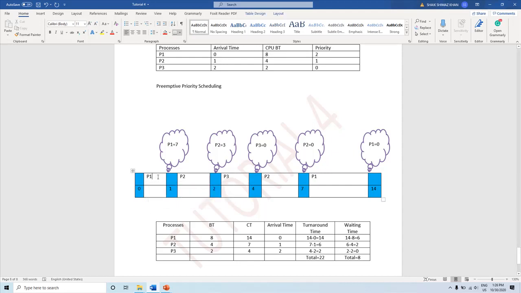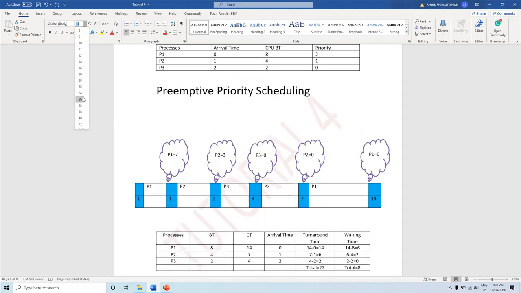So P1 gets the chance, but understand that at time 1, a new process, P2, comes to the ready queue. Whenever a new process comes to the ready queue, as far as preemptive priority scheduling is concerned, the scheduler immediately compares the priority of the process waiting in the ready queue with the process currently running, that is P1.